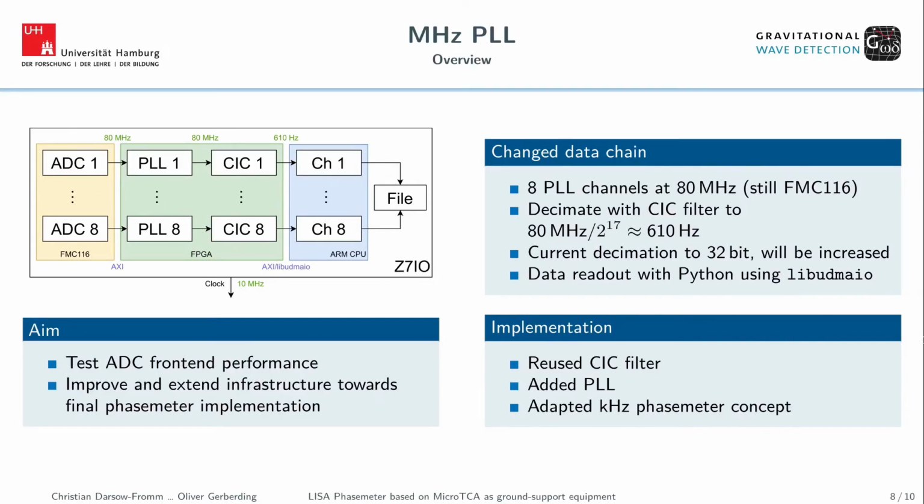So that PLL we will use to test the ADC front-end performance. It's still just the next project to get a step further towards the Phasemeter and to improve all the infrastructure which we've built around that.